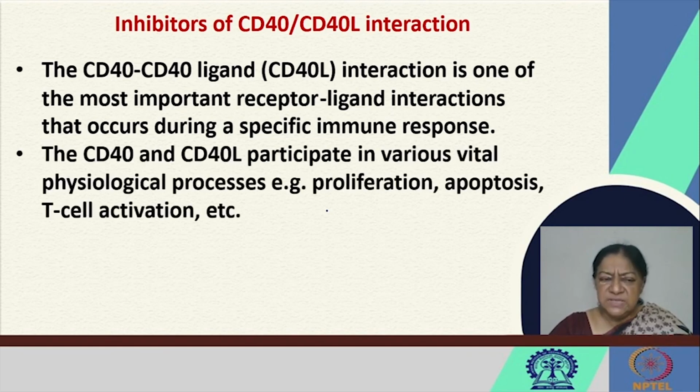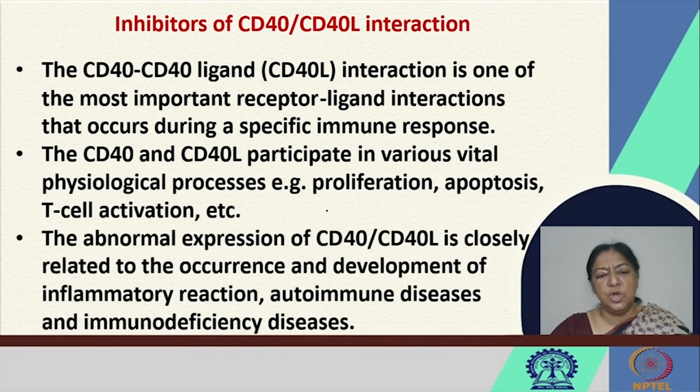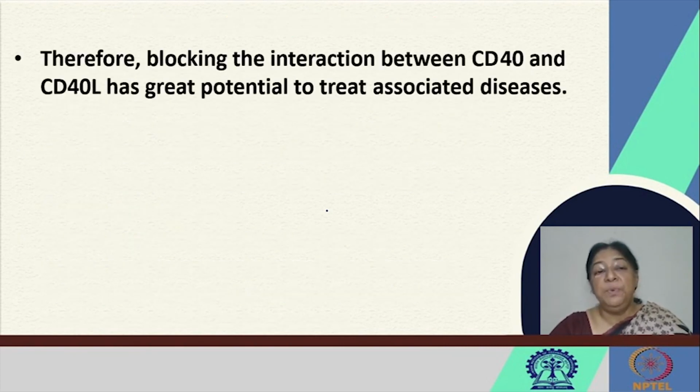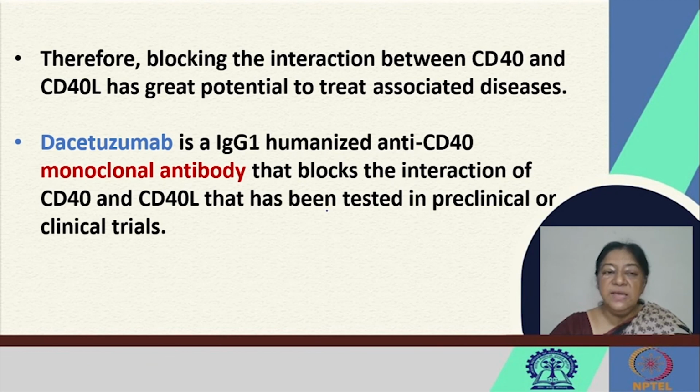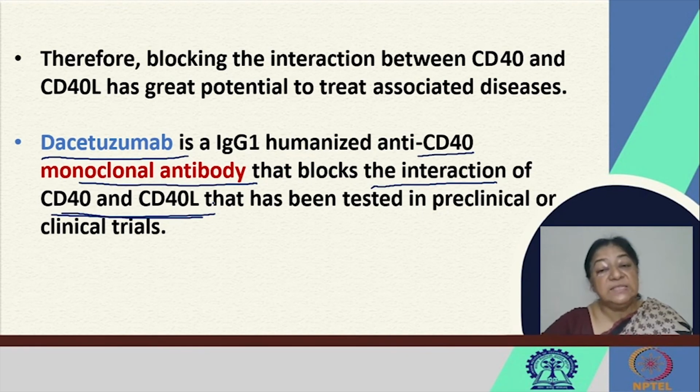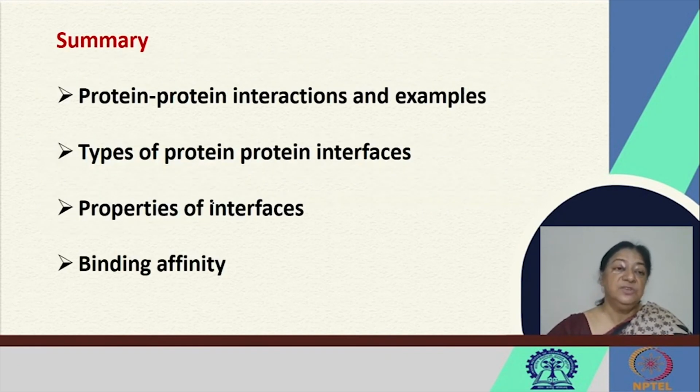They participate in several reactions and physiological processes, and abnormal expression is related to many diseases. So if we block the interaction between CD40 and CD40L, it can treat the associated diseases. There is a specific anti-CD40 monoclonal antibody that blocks the interaction of CD40 to CD40L, and this has been tested in clinical trials.